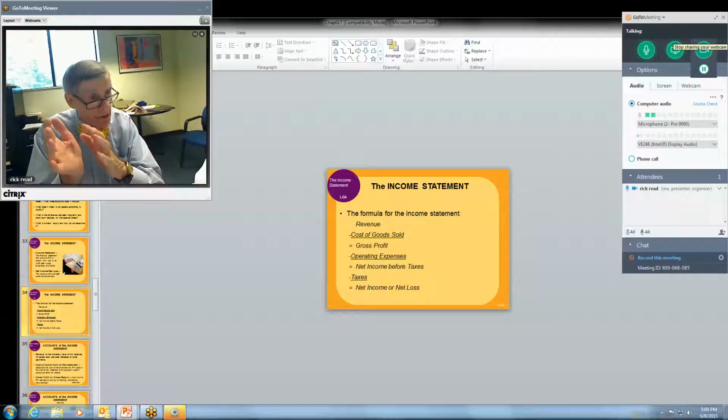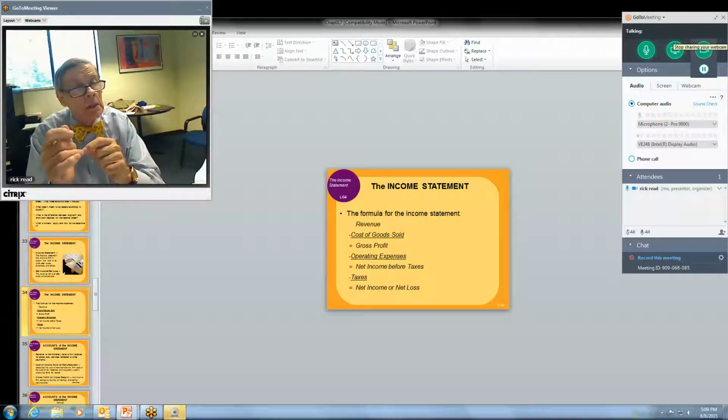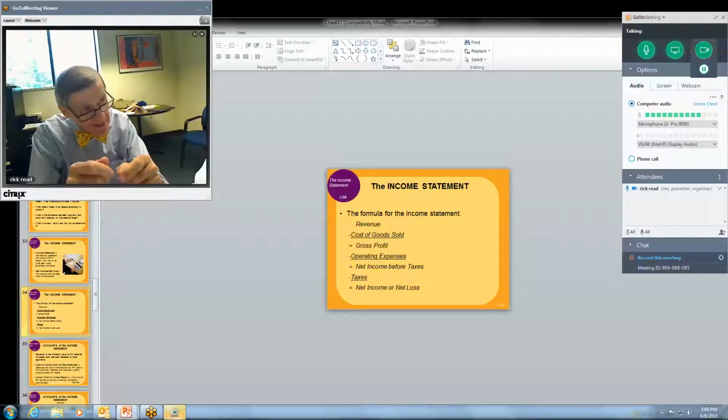Revenue minus cost of goods sold equals gross profit. That's gross. We haven't done anything yet. Now, gross profit minus operating expenses equals net income before taxes. And then minus taxes shows the net income or the net loss.